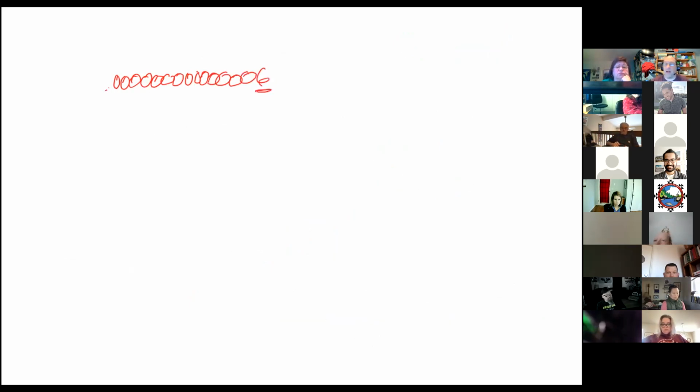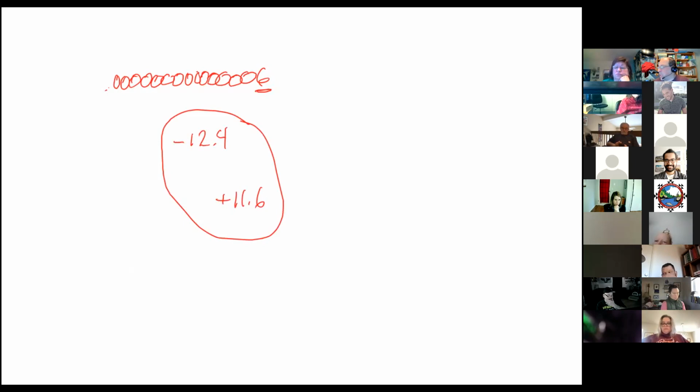When we take a logarithm of that, we end up with something else. This might be minus 12.4. If we have minus 12.4 and then a plus 11.6, we don't actually have to multiply anything together, do we? We just add them together and we get negative 0.8. So it becomes very easy to work with.